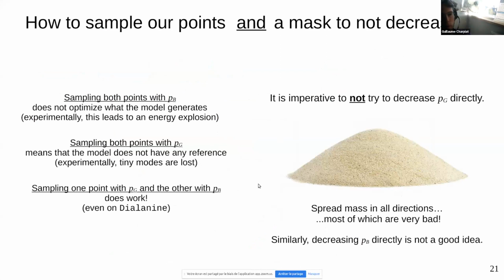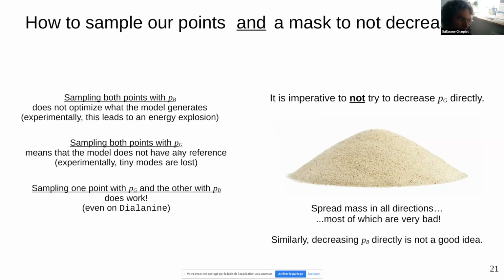But for this to work, we need other tricks. I said that we could take any law to sample the points where we're going to compare densities. One possibility would be to sample the points according to PB. In practice, we see that we have some issues.